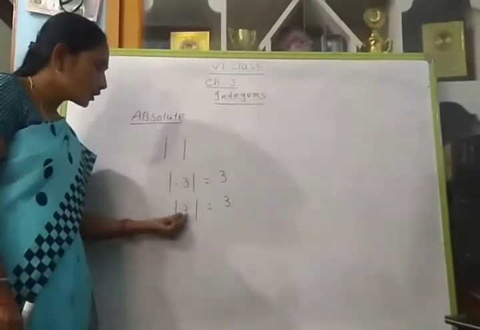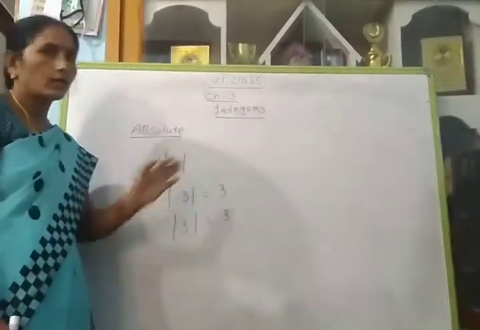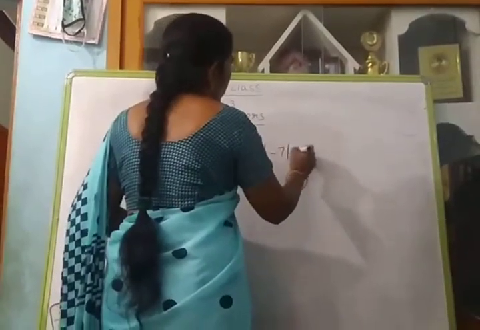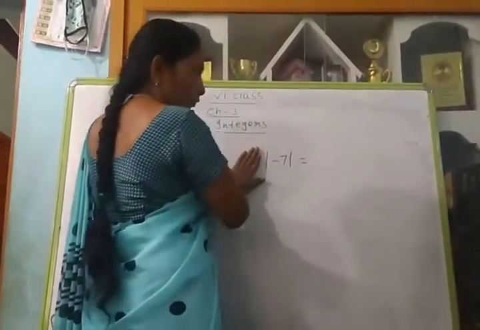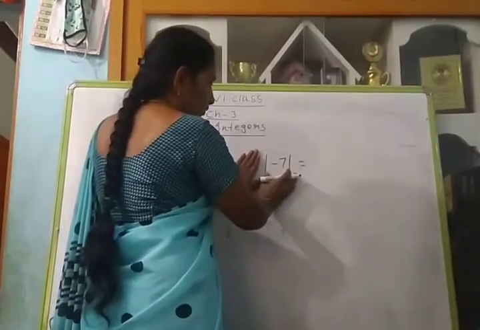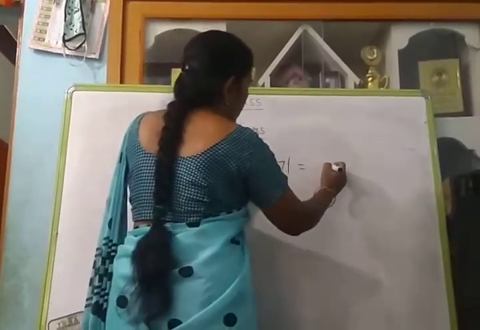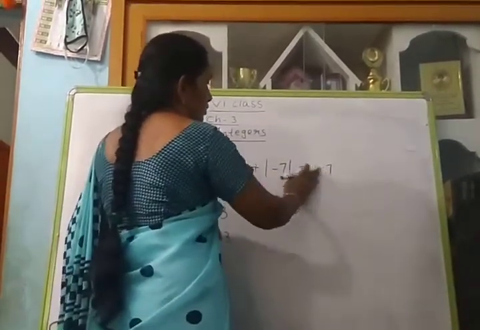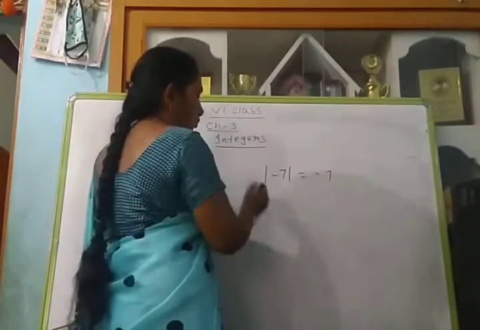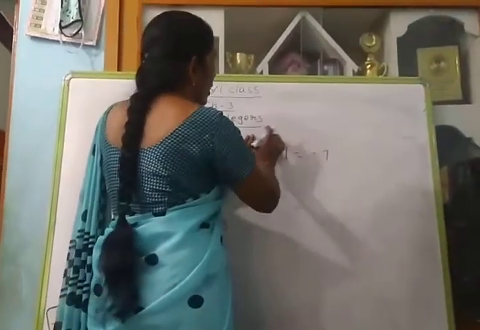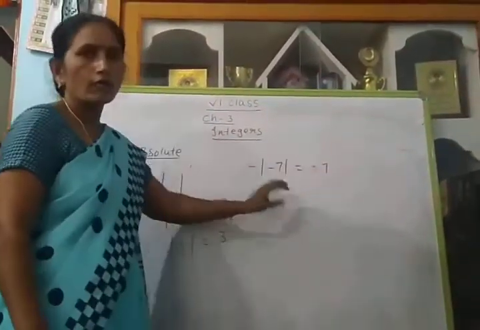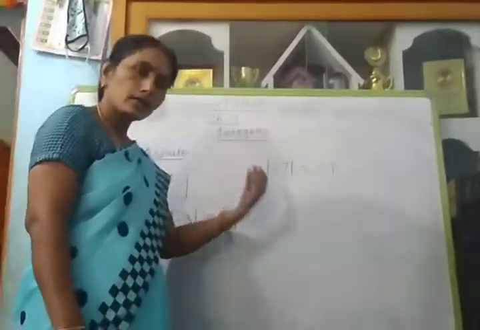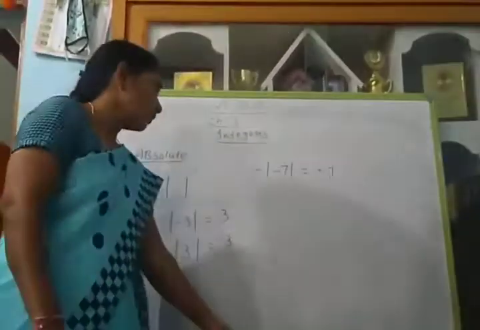Either positive or negative, we have to remove the sign and write positive. One more example, minus of absolute value of minus 7. Leave the outer sign first. What is the absolute value of minus 7? 7. Before it you have minus, so the answer is minus 7. The absolute value of any integer is always positive. Either negative or positive, always we take positive.